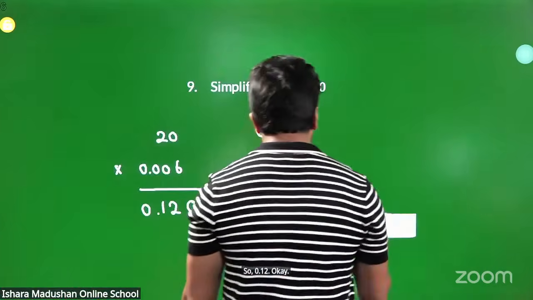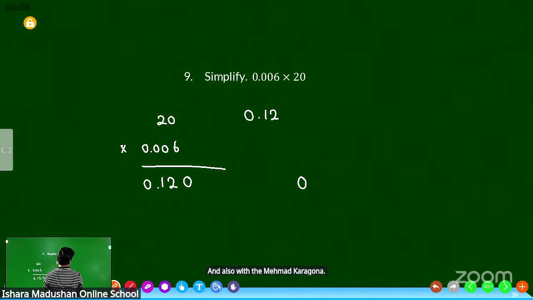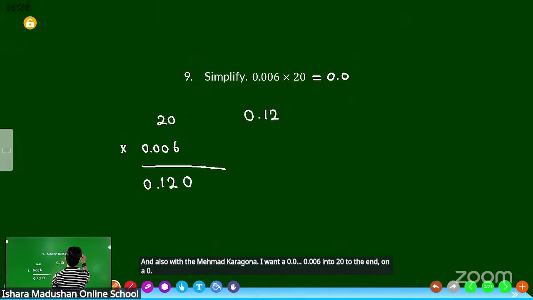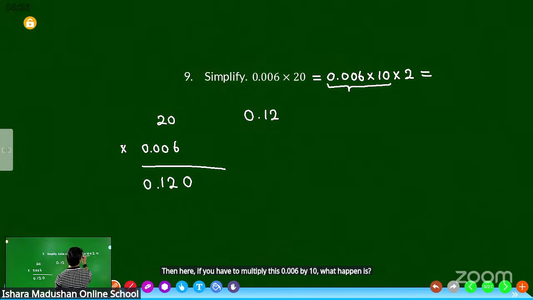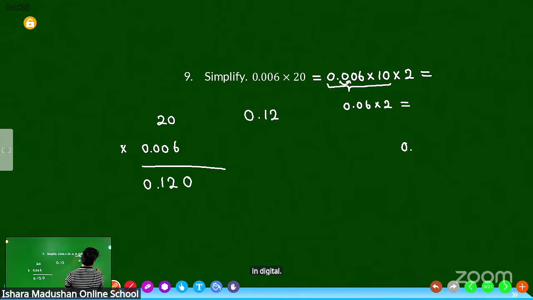And also පුතා මෙහෙමත් කරා ගියොන්නම්. 0.006 into 20 නේ තියෙන්නේ. 0.006 into 20 කියන එක මම 10 into 2 කියලා කඩා ගන්නවා. Then here, if you have to multiply this 0.006 by 10, what happens is this decimal point moves one time to the right hand side. So it becomes 0.06 into 2. දැන් multiply කරගන්න පුළුවන්.